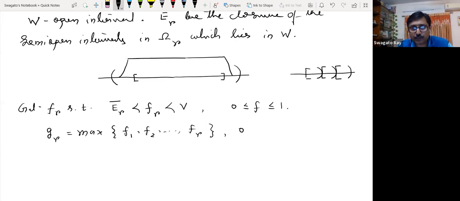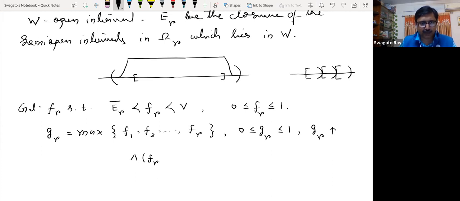The point is that 0 lesser equals to GR lesser equals to 1 still remains true because it is true for the FRs. And it is also true that the GRs are increasing. That's important, but that's obvious by taking this maximum. Now let me look at the following scenario. I'm going to write lambda, the positive linear functional which I've defined.